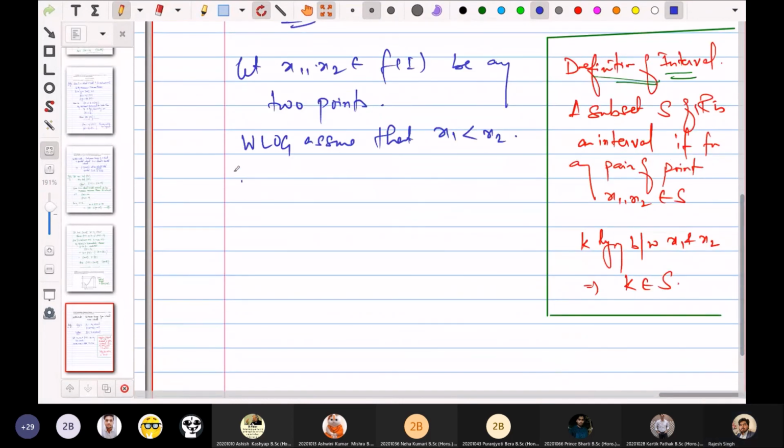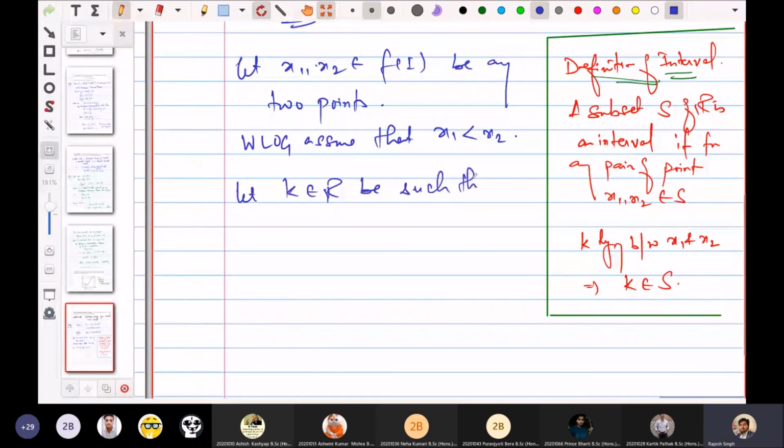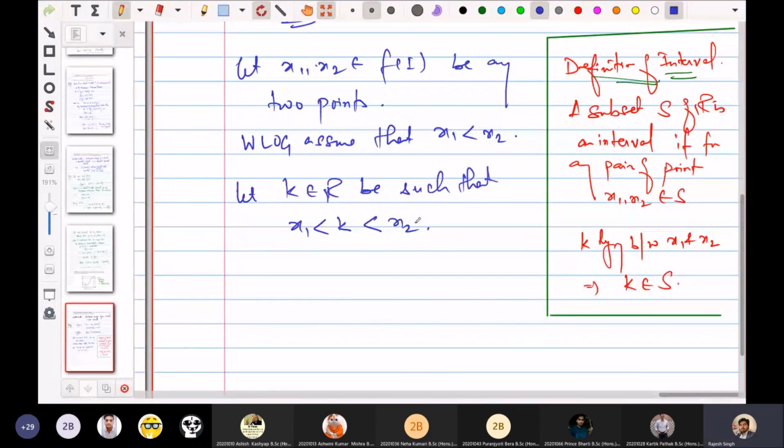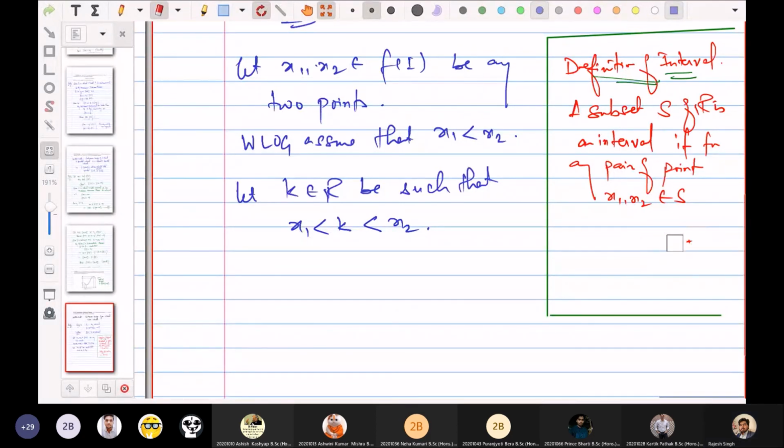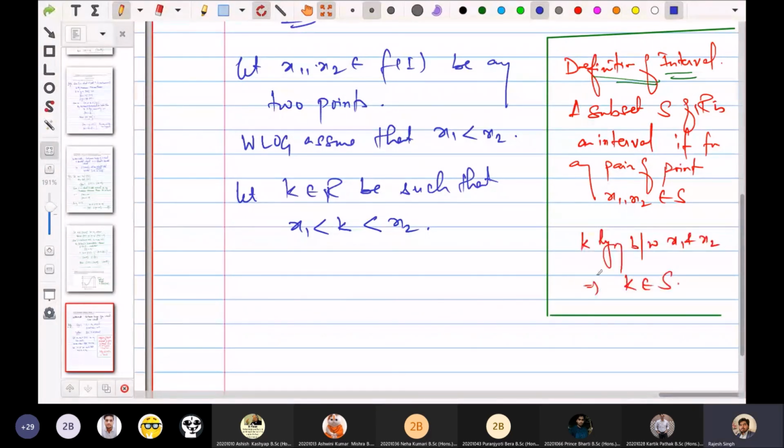Now let k belong to R be such that x1 is less than k less than x2, या इसको इस तरह से भी लिख सकते हो, it's better to write like this, implies [x1, x2] is contained in S, the interval, that is k lying between x1 and x2 implies this.